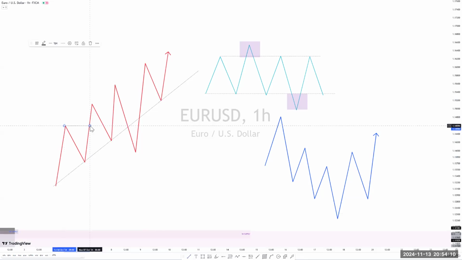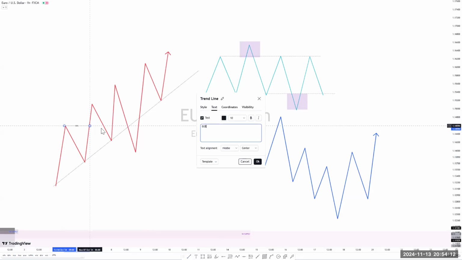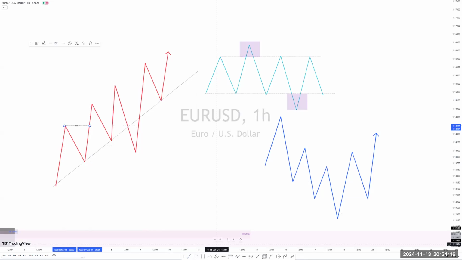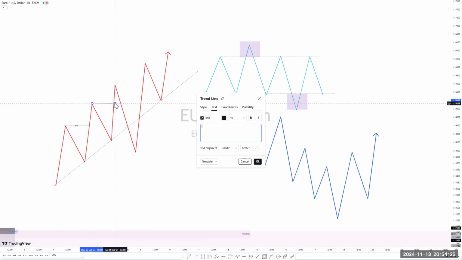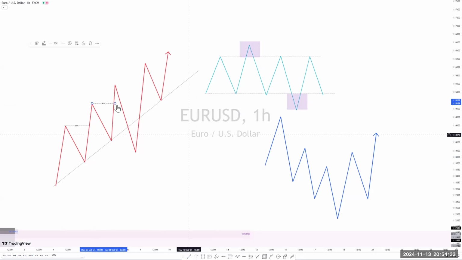We have a BOS here. We have a break of structure. That is price creating higher high and higher low. We have a break of structure, and we have another break of structure.